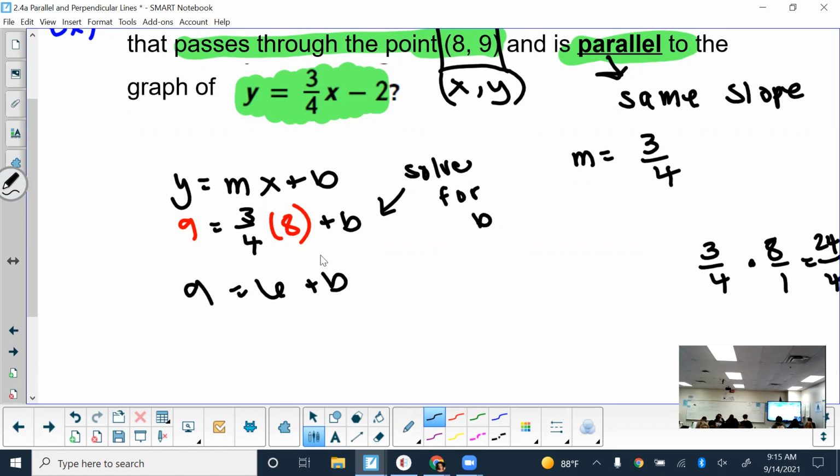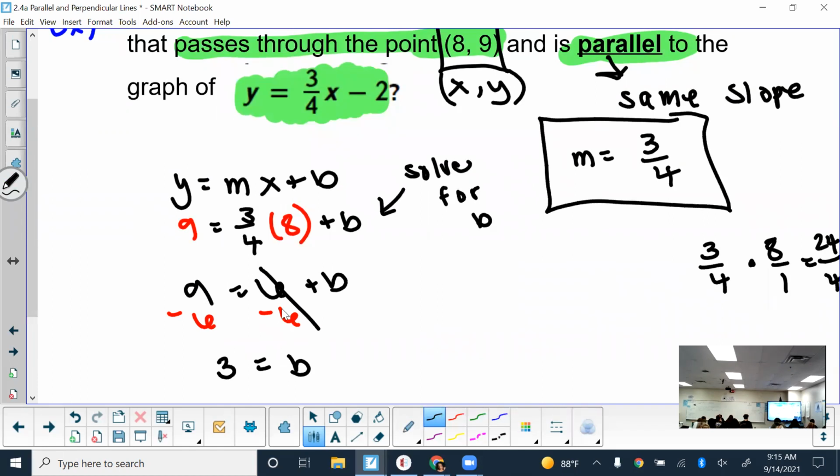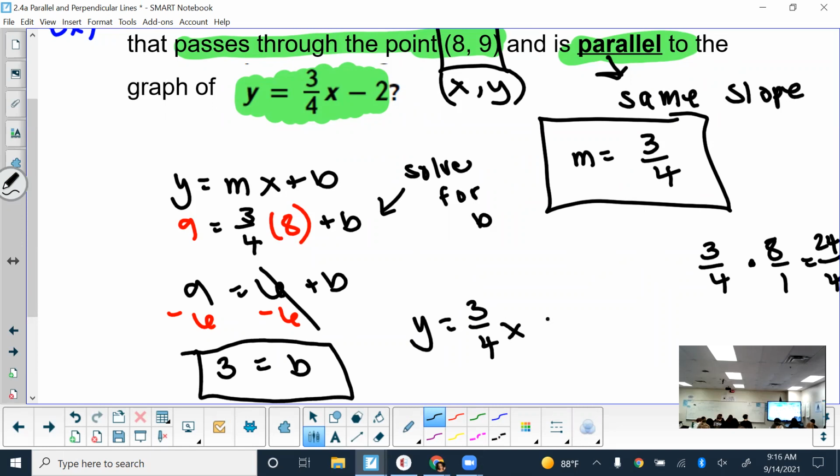Get the b by itself. How do I get rid of the 6? Subtract it from each side, and 9 minus 6 is 3, and then we do get the b by itself. So now that we have our b and we have our slope, throw it all together. The line that is my final answer is y equals 3/4 x plus 3.